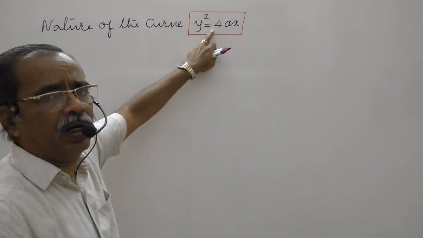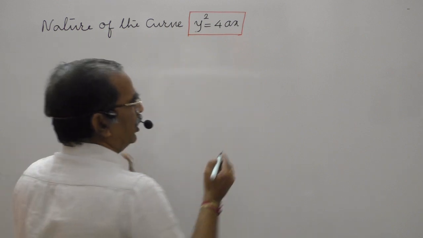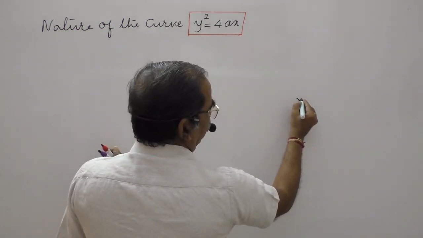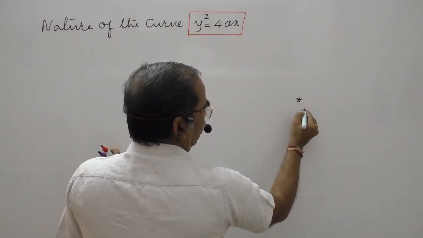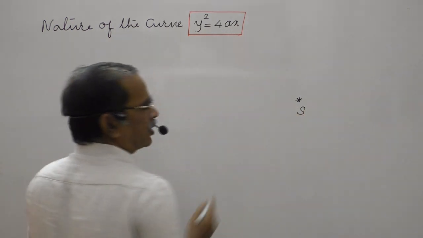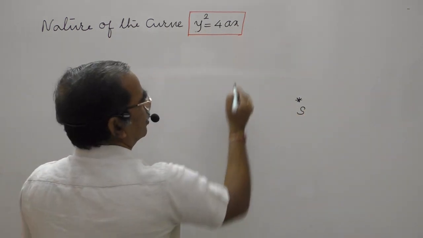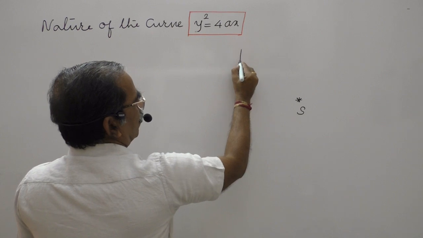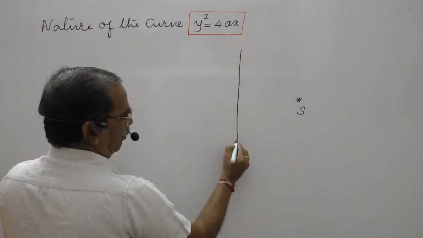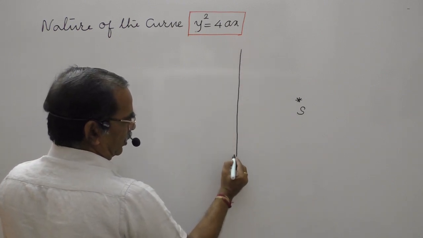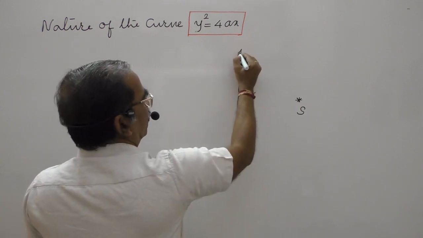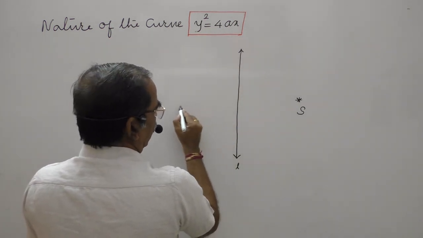While deriving this, see carefully what we did there. In the proof, we took capital S as the focus, which is a fixed point, and we have taken a fixed line, the directrix.